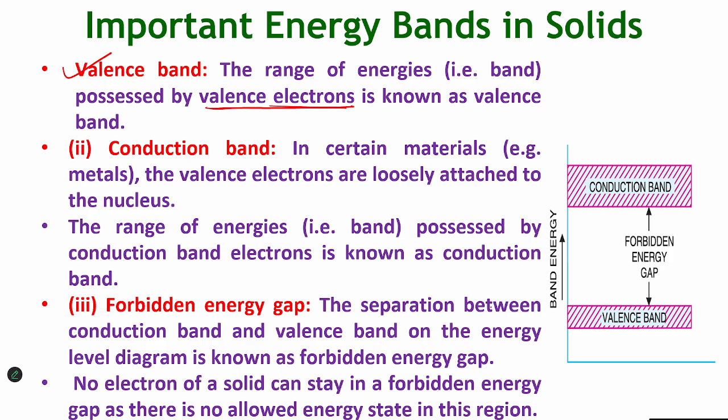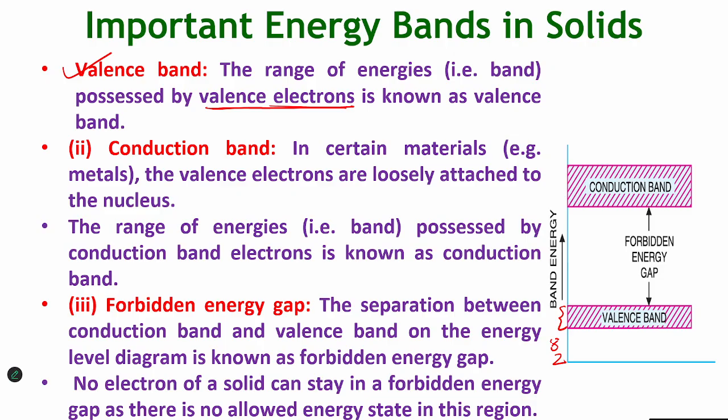So if you see the carbon atom, there are bands before it. The first band has 2, the second band has 8, and the third band has 4. That is the valence band. Next you have the conduction band.